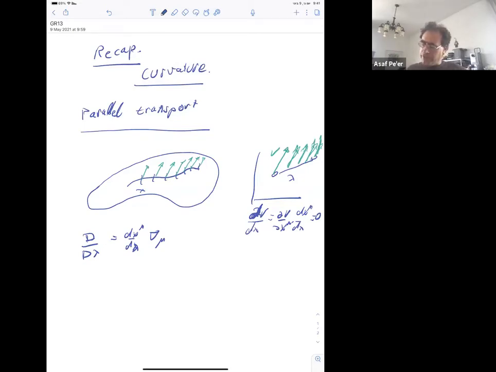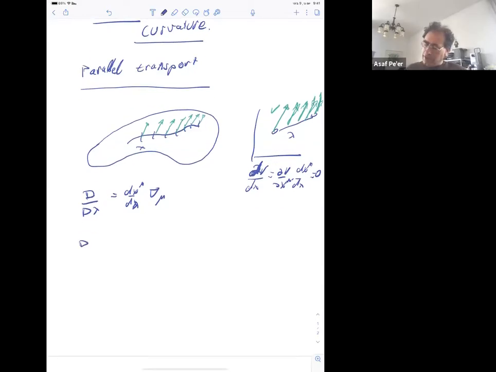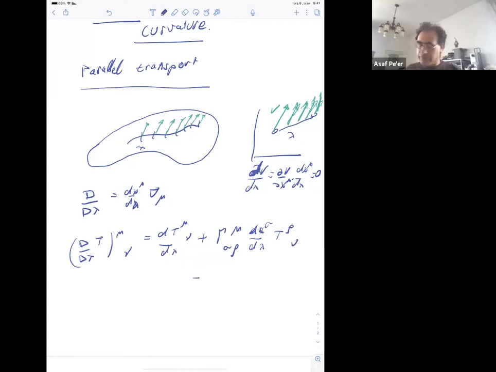And this gives us the equation of parallel transport, d over d lambda of tensor T, let's say mu nu, is just the regular derivative dT mu nu over d lambda plus the affine connection Gamma mu sigma rho dx sigma over d lambda T rho nu, and then there will be a minus for the lower index, Gamma rho sigma nu dx sigma over d lambda T mu rho.